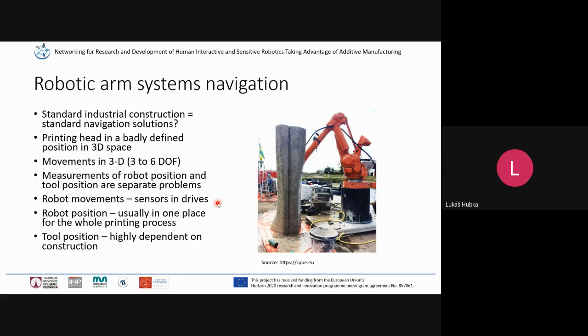But on the other hand, there is one disadvantage of this solution, and it is also possible to see it in this picture. You need to hold the robot in one position, because once you move the robot, you need to localize it on the construction site.